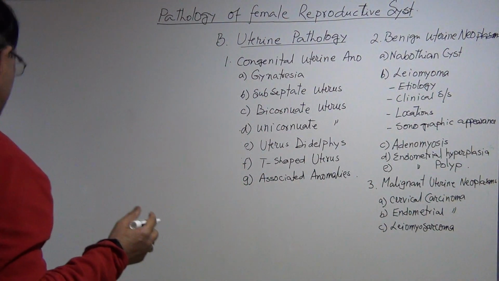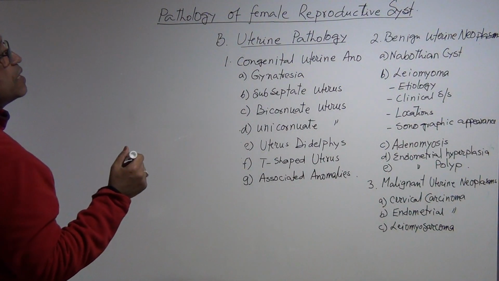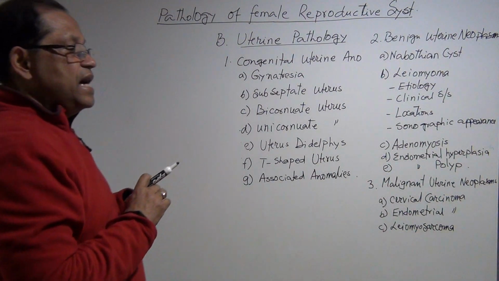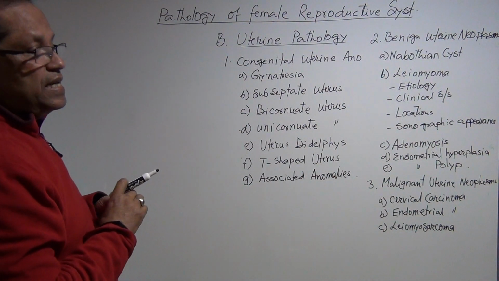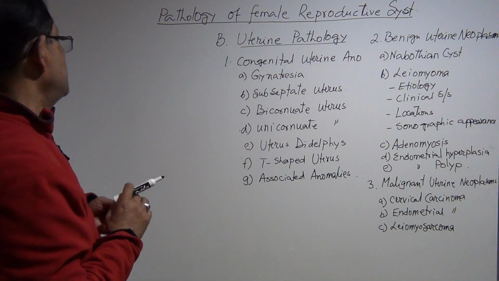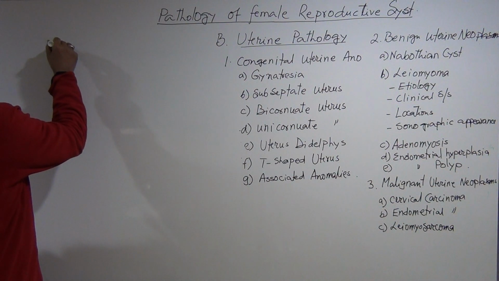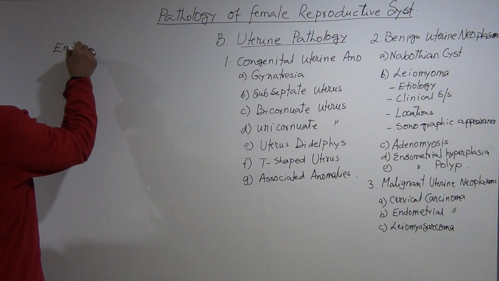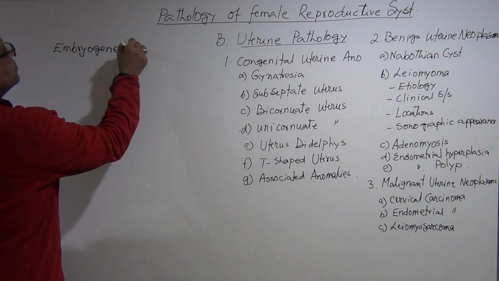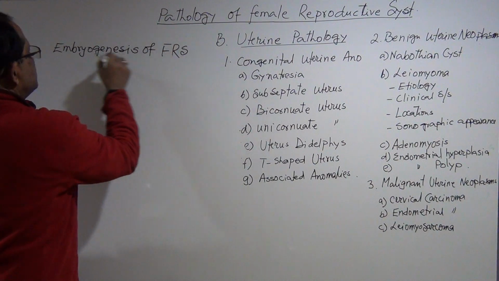So now we learned that the female reproductive system is developed from the Mullerian duct, and the other name of the Mullerian duct is paramesonephric duct or tubules. Okay, a little embryology, embryogenesis of the female reproductive system.